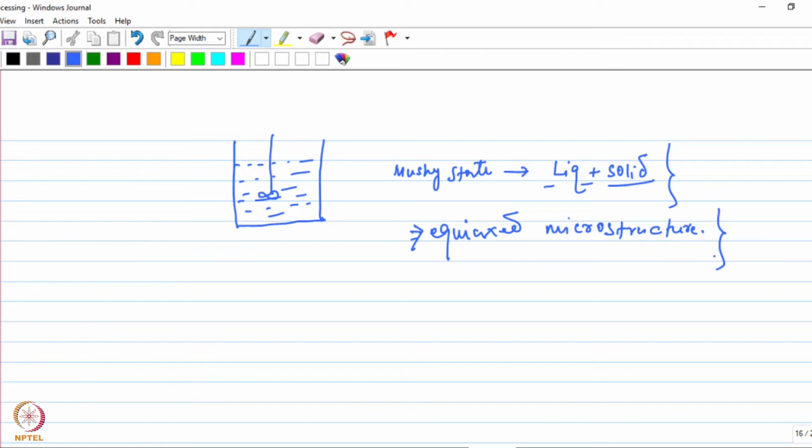Okay, so this microstructure can be preserved even when you heat the material and melt it. Okay, so that property of a material to preserve that equiaxed microstructure even during remelting is known as thixotropy.